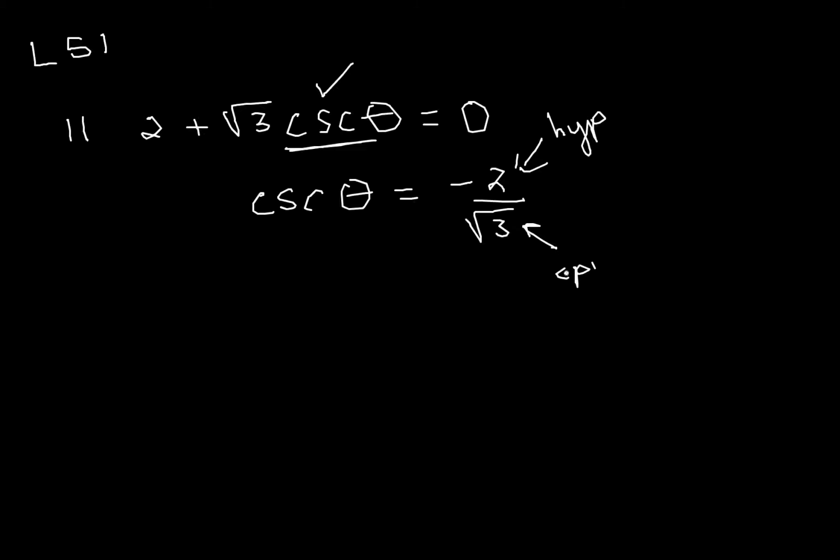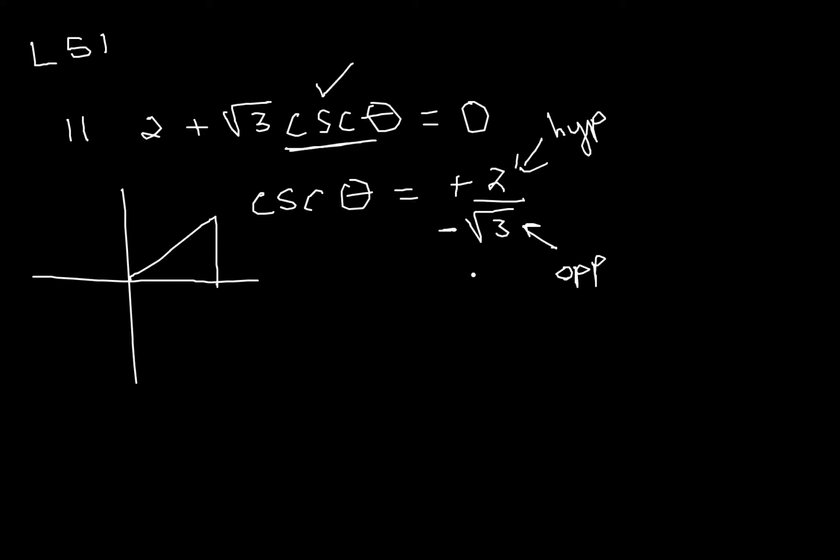Okay, so you're going to make your triangle. Opposite hypotenuse is -2, so you can't have a negative hypotenuse, so the negative has to go down here like that.